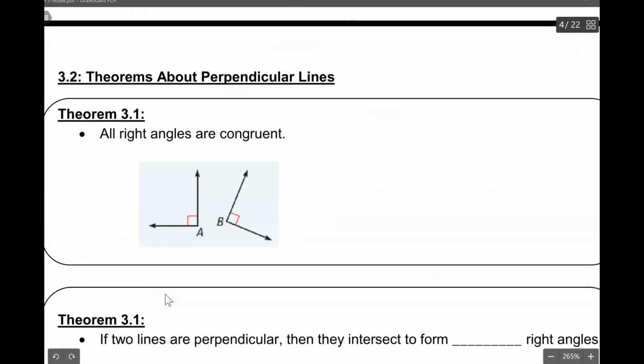Alright, 3.2, theorems about perpendicular lines. All right angles are congruent. This is our first theorem, theorem 3.1. For instance, in our two little pictures here, I could summarize this and say, if the measure of angle A is equal to 90 degrees, and the measure of angle B is equal to 90 degrees, then angle A is congruent to angle B. All right angles are congruent.